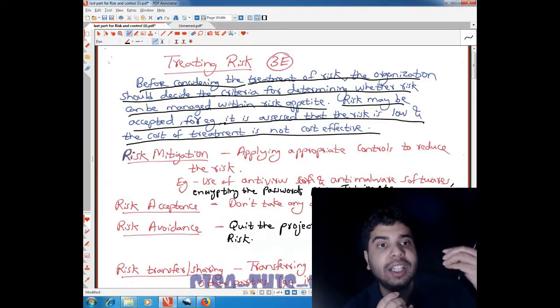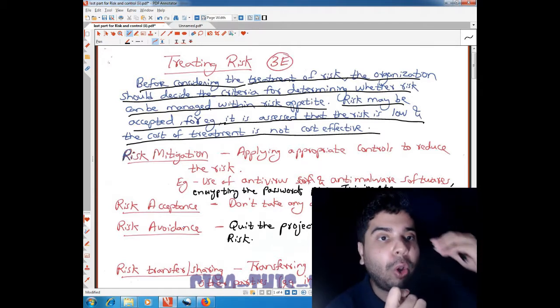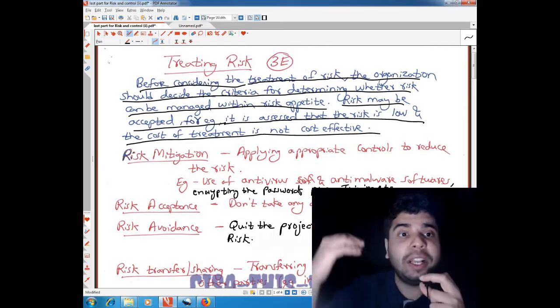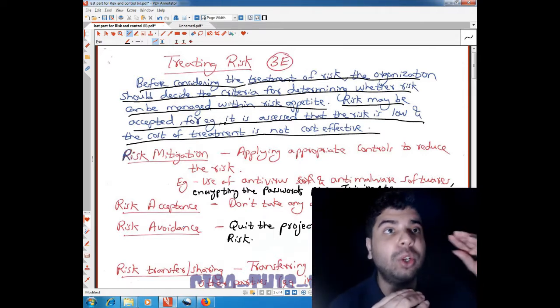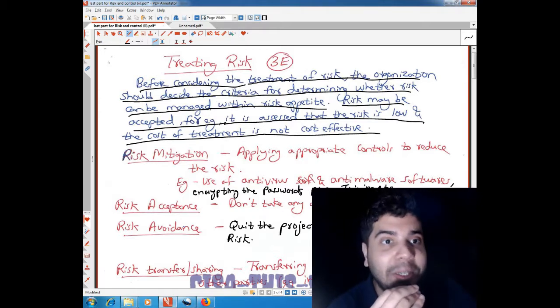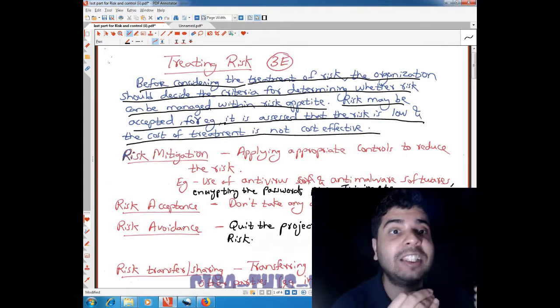So there can be cases like, for example, the risk is within your tolerable limit, but the cost of the controls, the cost of the treatment is not cost effective. It's very expensive for the company. So in those cases, the company might not go for any risk mitigation strategies, right? In those cases, the company might even accept the risk.